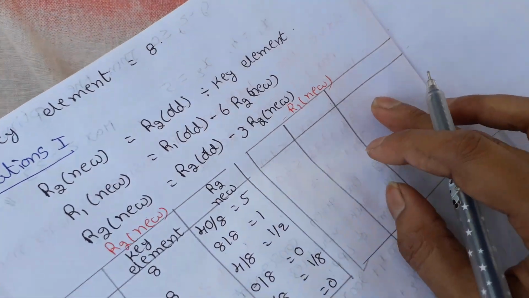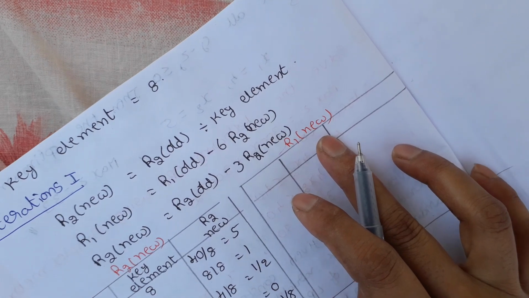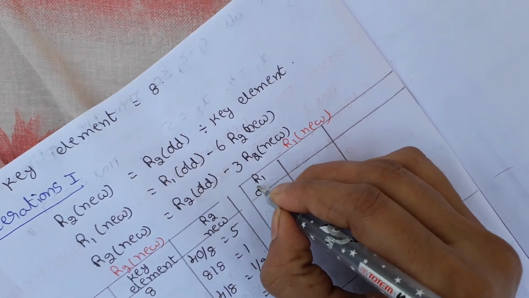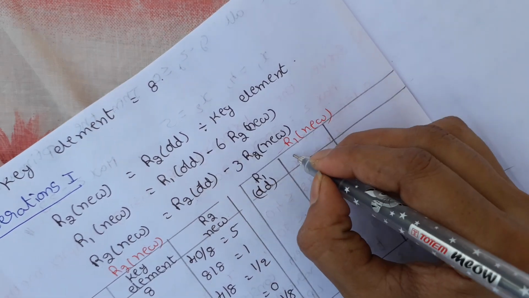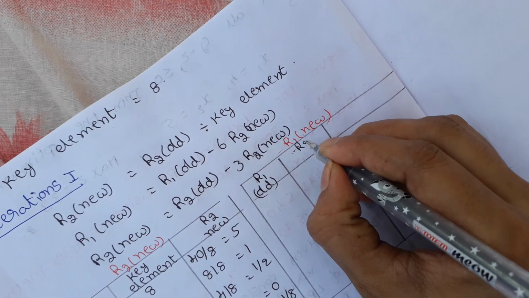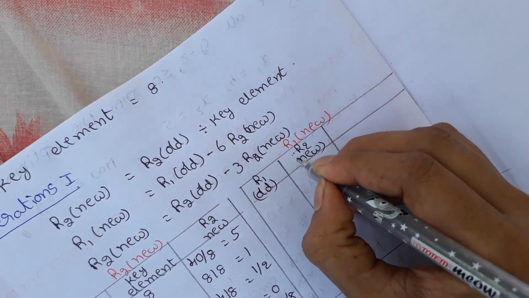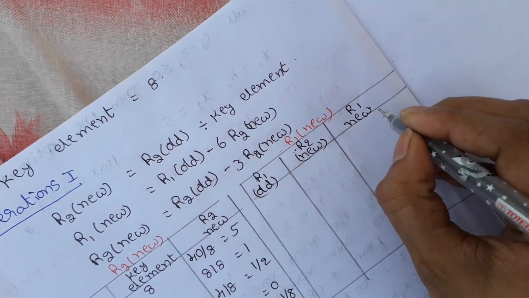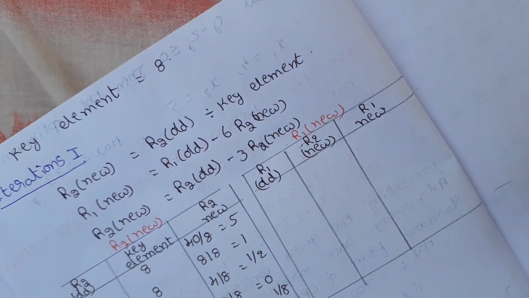The next one that we have here is R1 new. How will we write this one? R1 old, next we require R2 new, and the last one we will get is R1 new. First we will write the R1 old values.